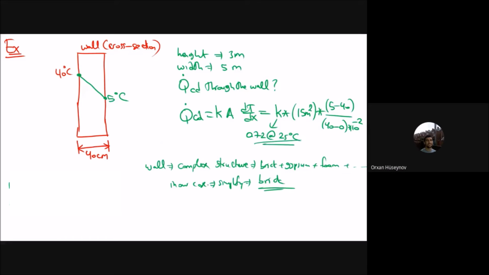If you want a more accurate value, the K will be at T average. What's the T average? T average is 5 plus 40 divided by 2, which is 22.5 degrees Celsius. We can get it from a table.